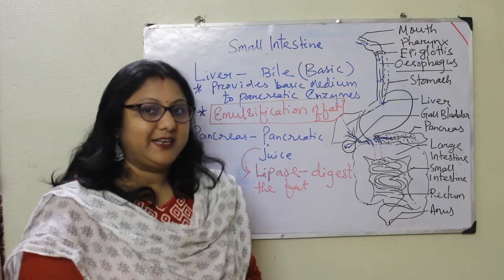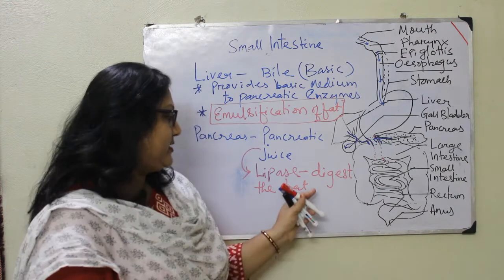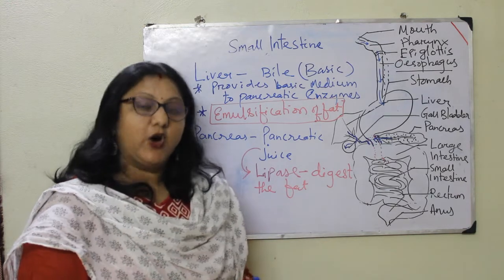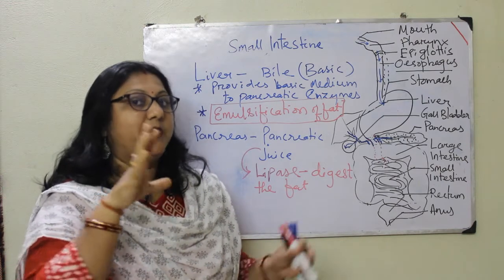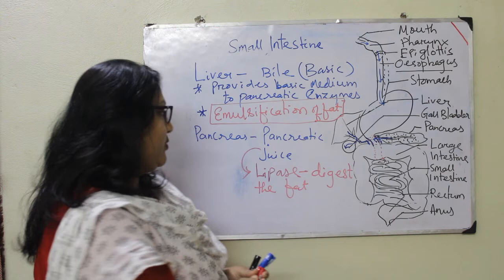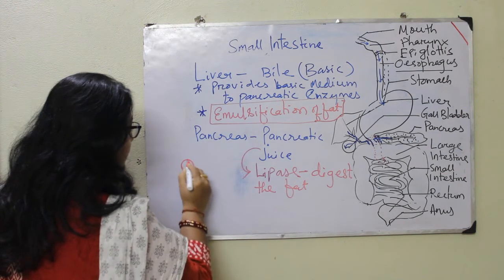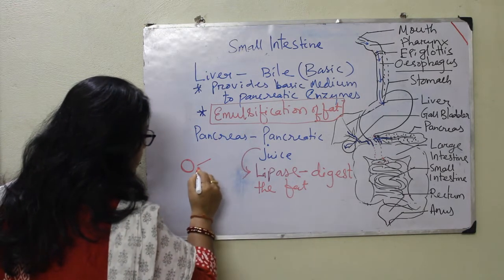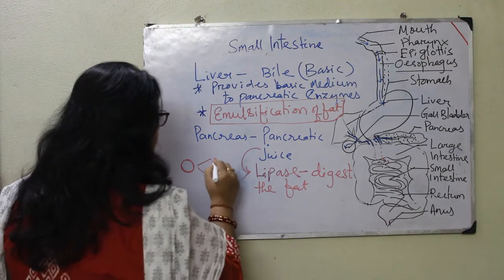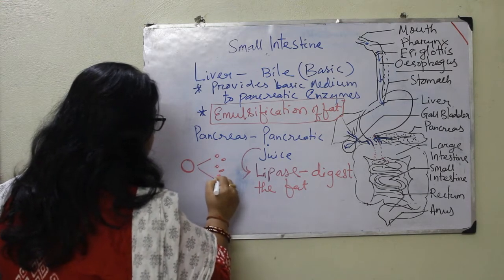So to facilitate the function of lipase, so that lipase can properly act on the fat and complete the digestion, the bile will help in the process. So suppose this is a larger droplet. Now after the action or the mixing of the food, it is converted into smaller droplets.